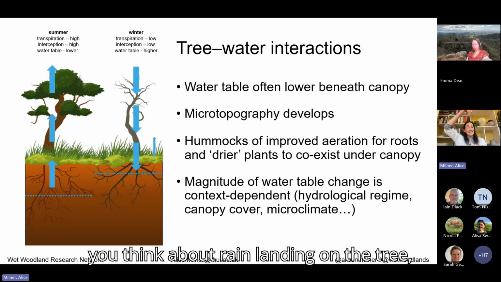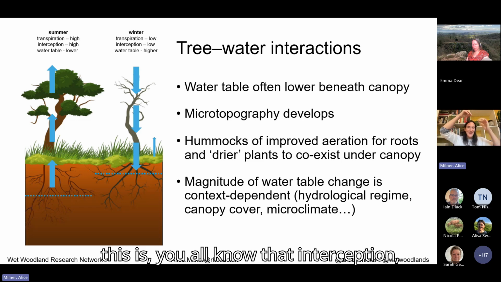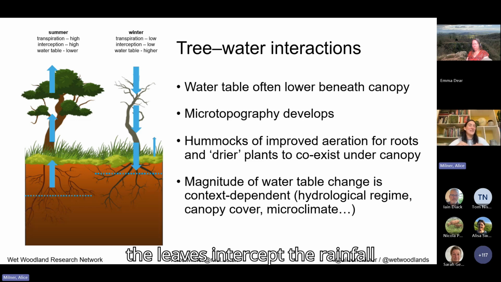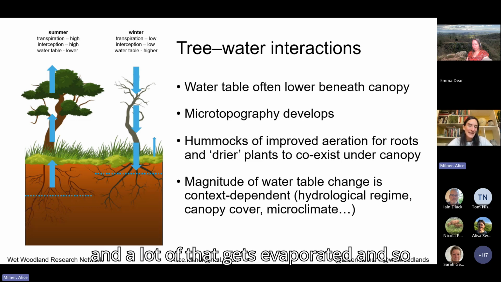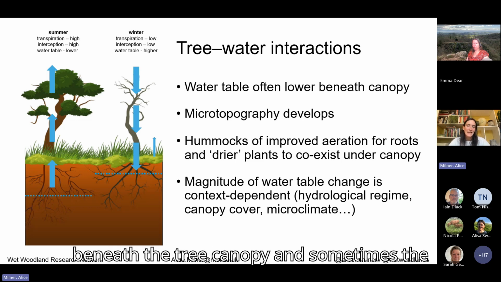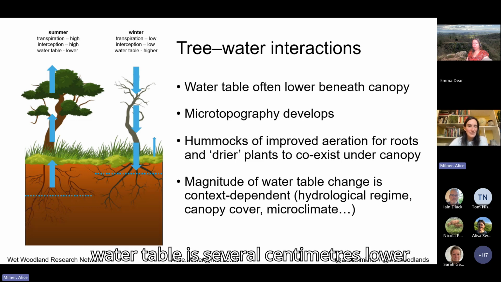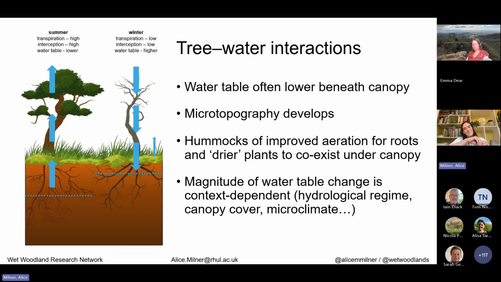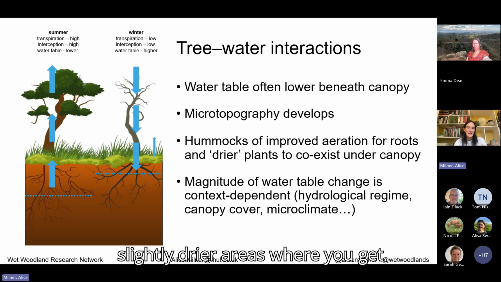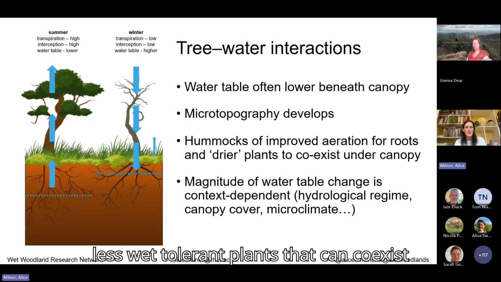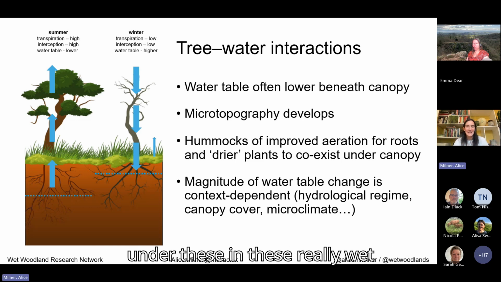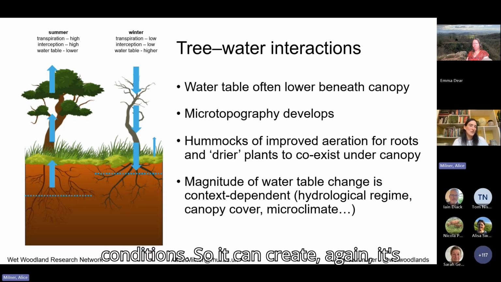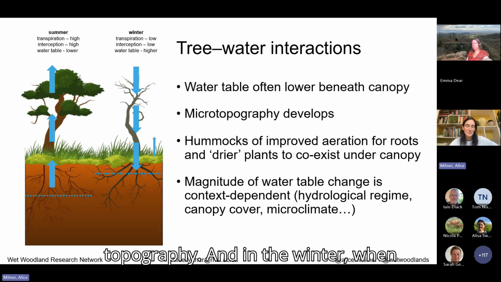Think about rain landing on a tree: the leaves intercept the rainfall, and a lot of that gets evaporated, so it's often drier directly beneath the tree canopy, and sometimes the water table is several centimeters lower during the growing season. That helps reduce stress on the tree roots, and it provides slightly drier areas where less wet-tolerant plants can coexist in these really wet conditions. So it's creating this really important microtopography.